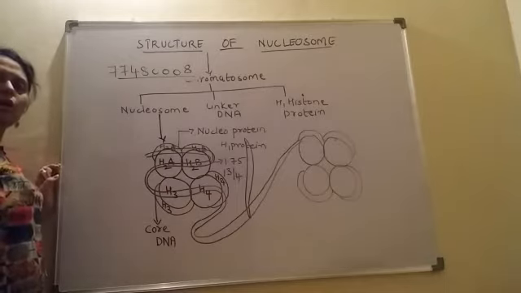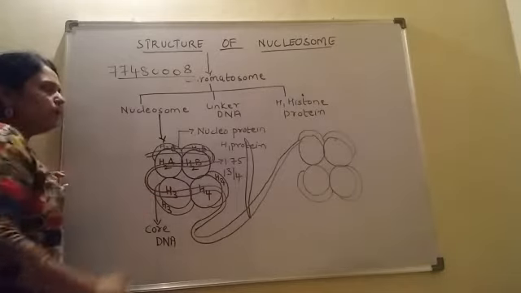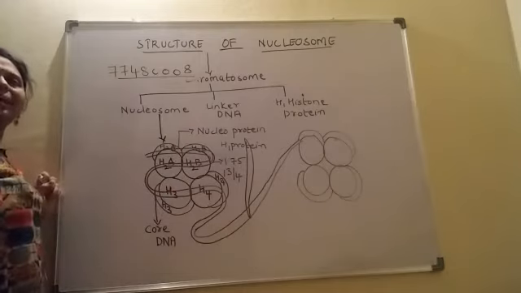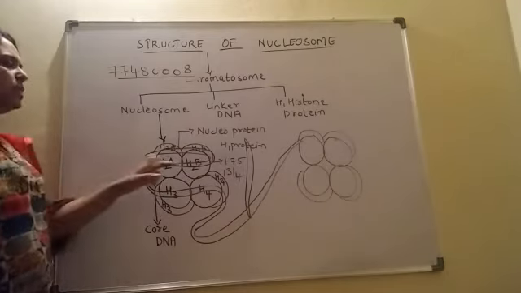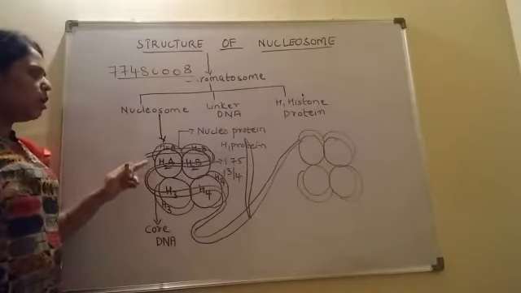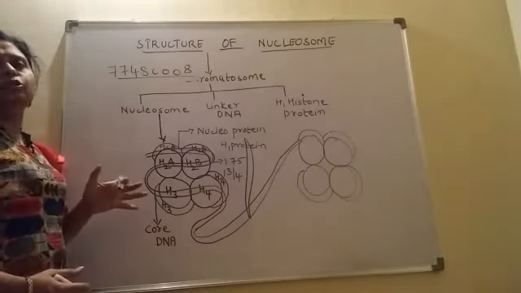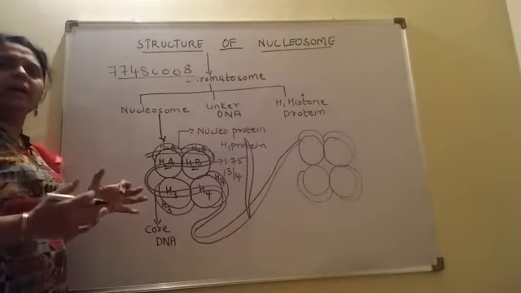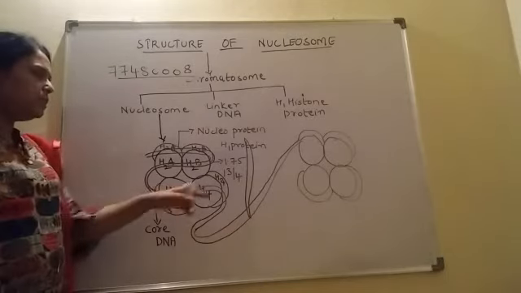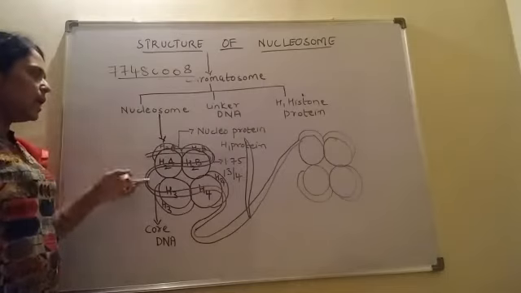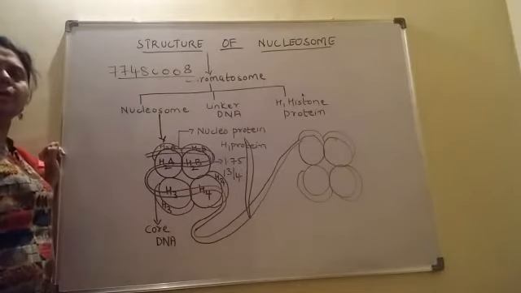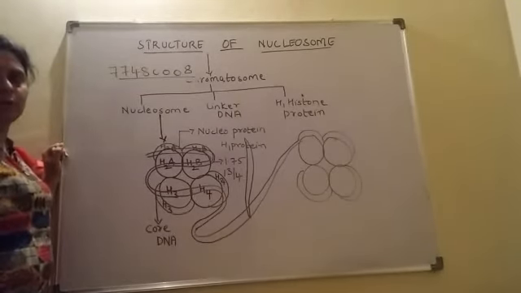With the help of this clamp-like structure only, all the 8 balls of the histone protein are held together, or cubically arranged together. If the H1 histone protein is not present, the octamer is not going to be held together.